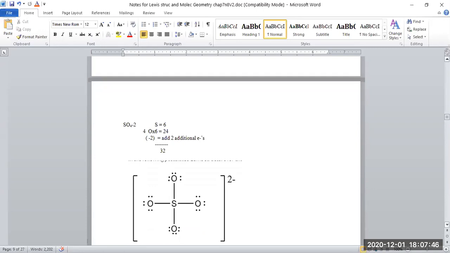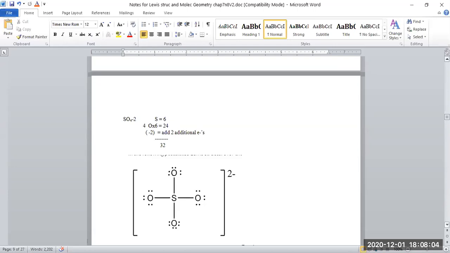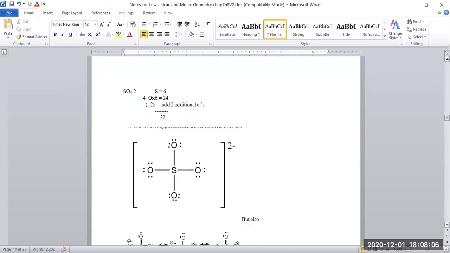So there's 24. And sulfate tends to steal electrons from other things, and it usually steals 2. So I have 32 total electrons. So first we introduce it with the square bracket method.